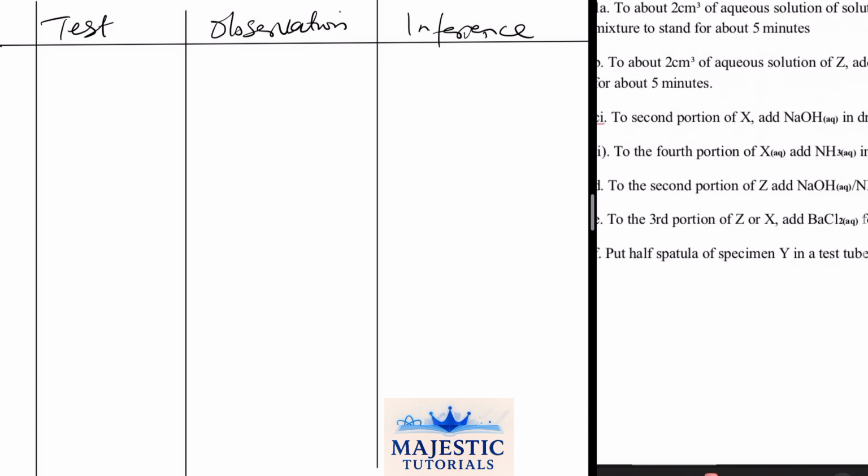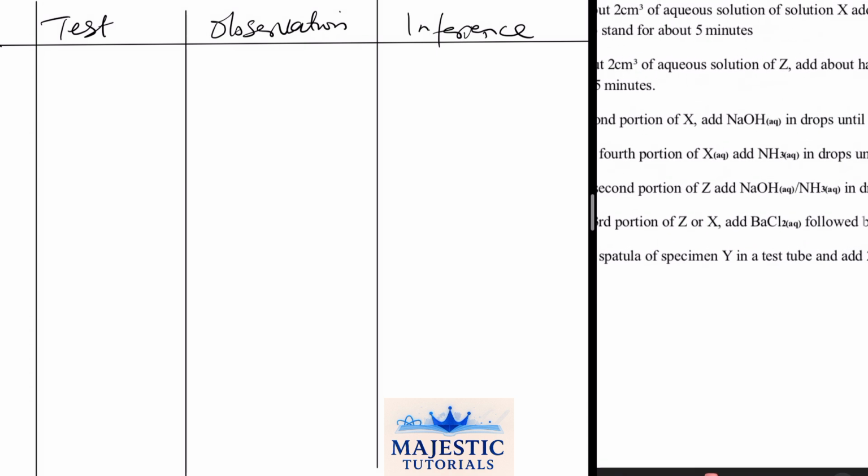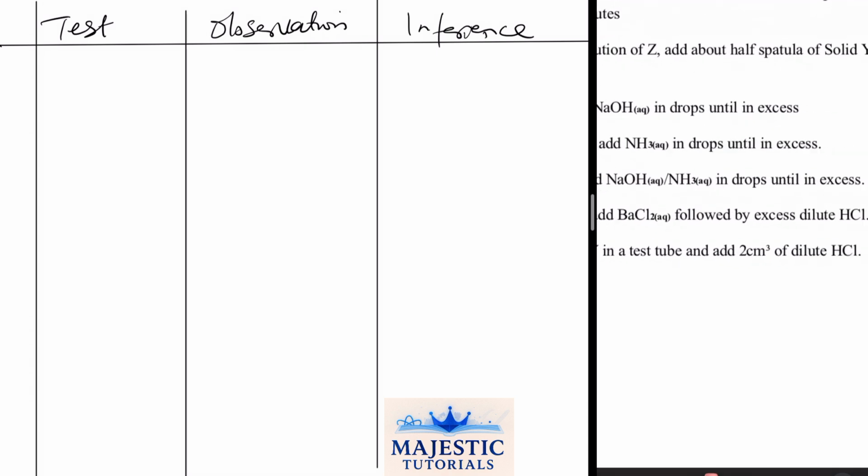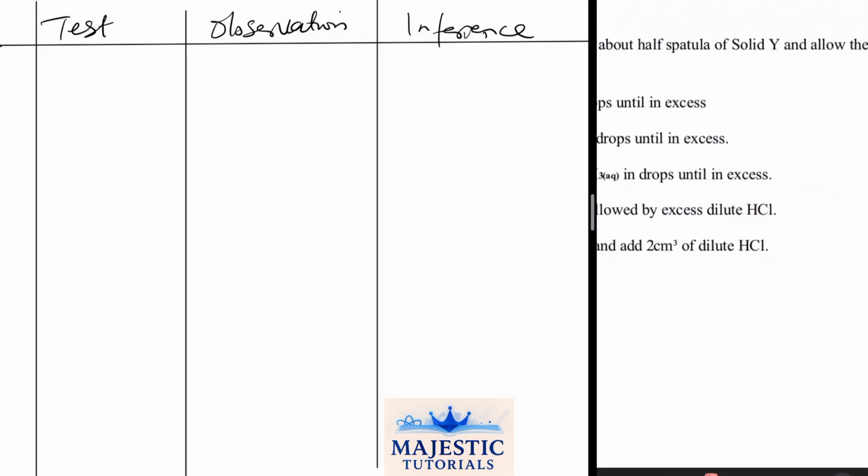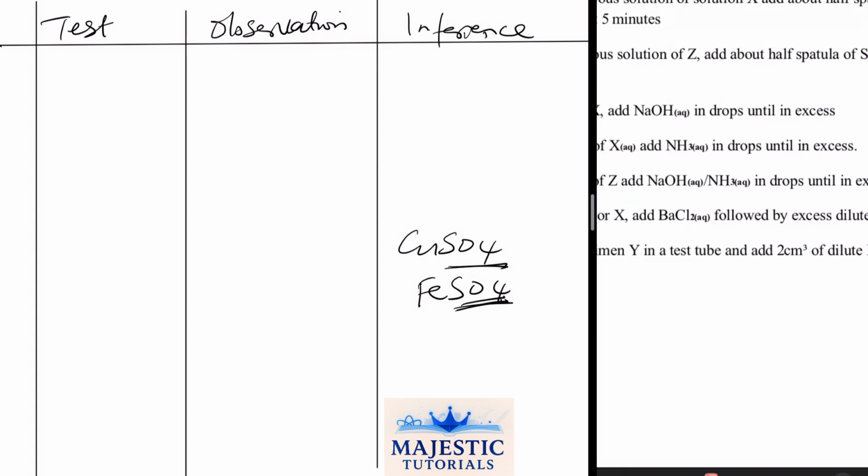To the third portion of Z or X, any of them, add barium chloride followed by excess dilute HCl, because two of them are sulfates. The other one is copper tetraoxosulfate 6 and the other one is iron 2 tetraoxosulfate 6. This test is targeted towards confirming the SO4 tetraoxosulfate 6 ion, and it requires barium chloride.